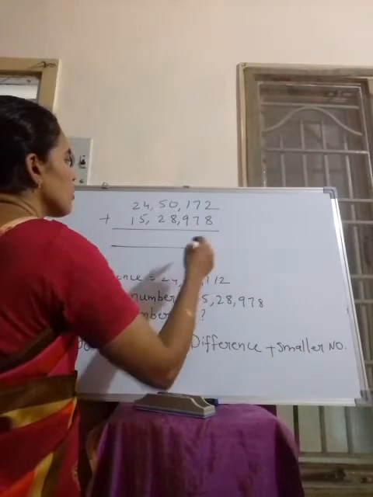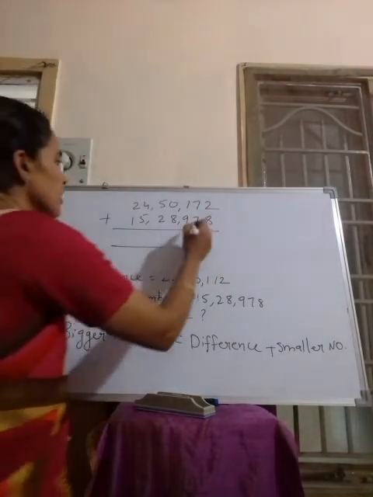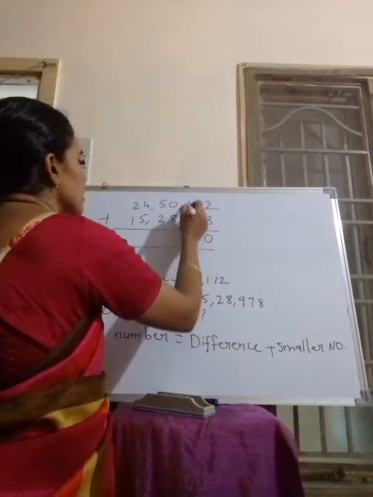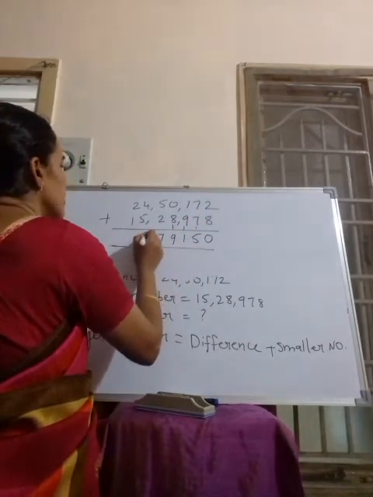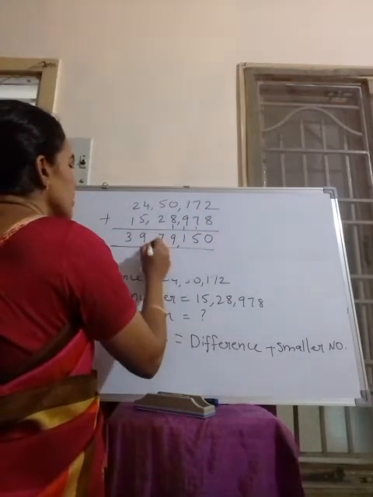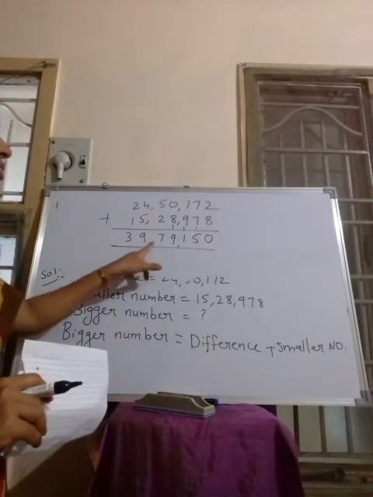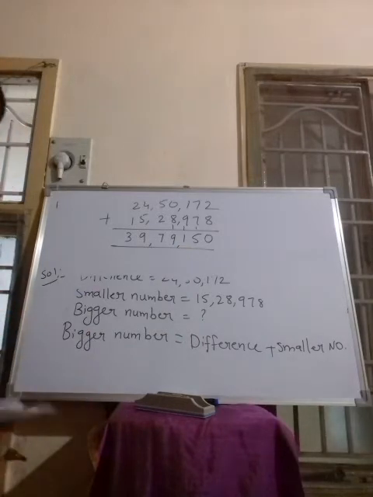Now what is the total? 2 plus 8, 2 plus 8 is 10. Now 7 plus 7, 14 plus 1, 15. 10 plus 1, 11 and 9, 7, 9, 3. Okay, 39 lakhs. What is the bigger number? 39,79,150. Okay, let's take one more problem.